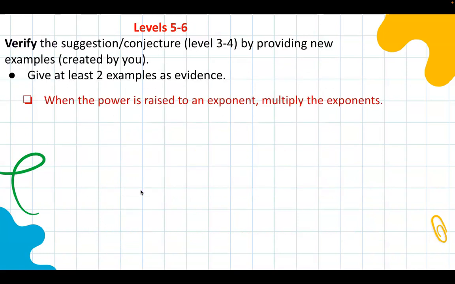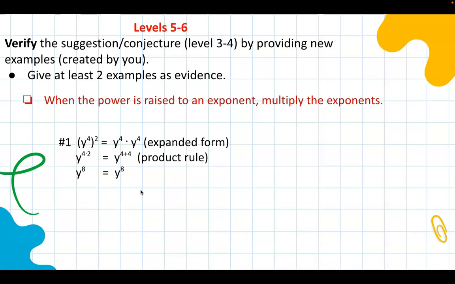Then I keep that one and I'm going to show that I'm verifying that when the power is raised to an exponent, I just multiply the exponents. Okay, so the first example I did, or the first evidence that I'm providing, is that on the left hand side, I use the multiplication.